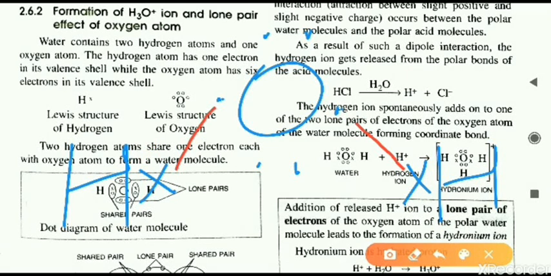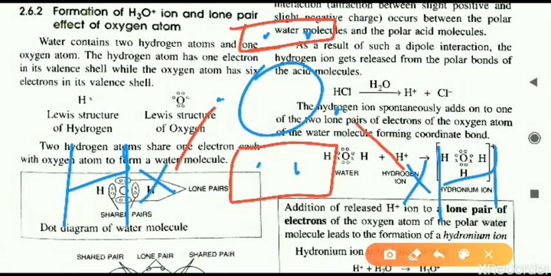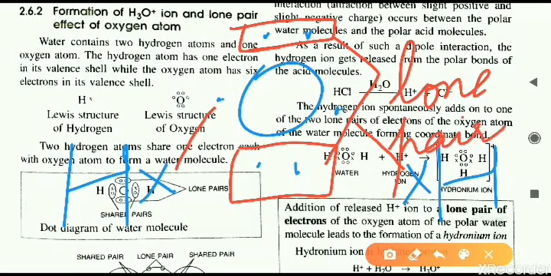But you can notice on the top of this oxygen atom, this electron pair is not used in the covalent bond. It is not forming any bond. Similarly, on the bottom, this electron pair is also not involved in covalent bonding. Pairs of electrons that are not involved in bonding are called lone pairs of electrons. So the oxygen atom has 2 lone pairs of electrons.